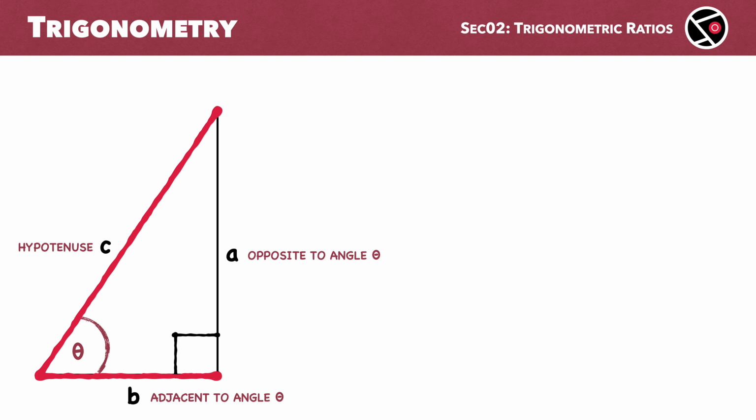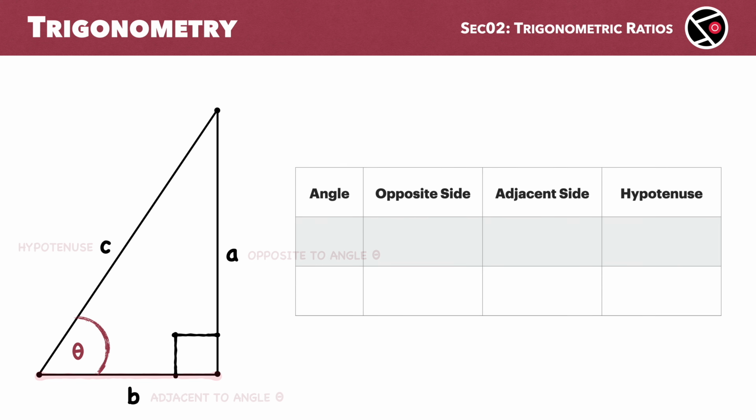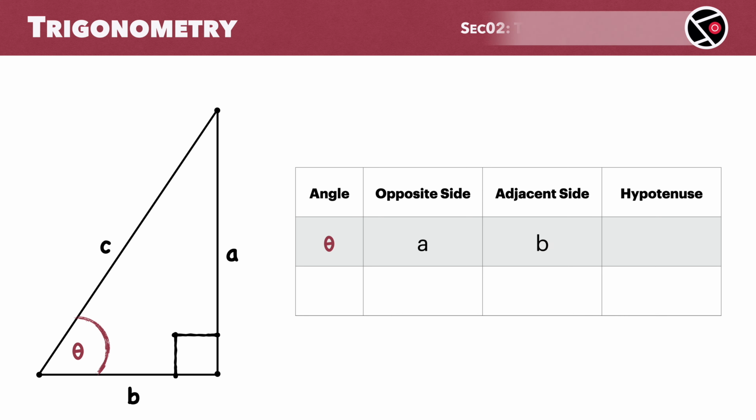One of them is the hypotenuse C, which we already identified. That leaves us with the other side B as the adjacent side. Let me summarize this in a simple table. For angle theta, the opposite side is A, the adjacent side is B, and the hypotenuse is C.